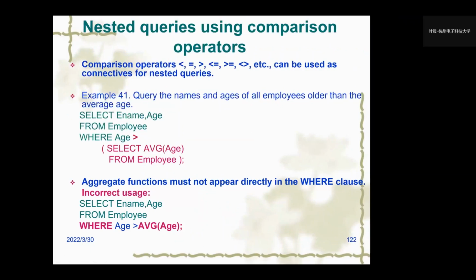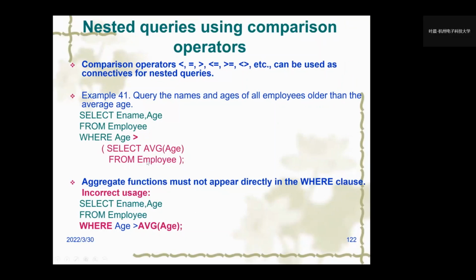So for the subquery, we can use these comparison operations. For example, if we want to query the names and ages of all the employees older than the average age, we can use select name, age from employee where age is larger than the value that comes from this query: select average age from employee.